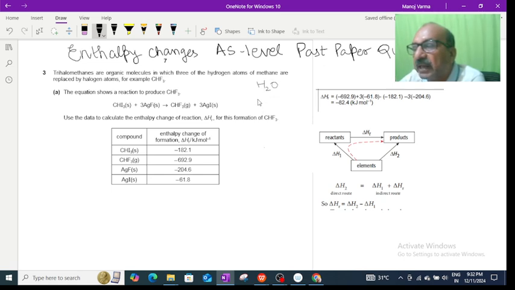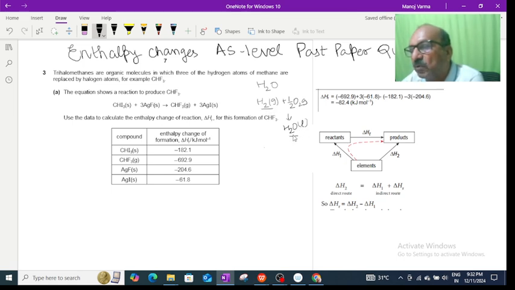We should write H2 gas plus half O2 gas gives H2O liquid. So this equation will be known as the equation for the enthalpy change of formation of water. In other words, we have to start from the elements.